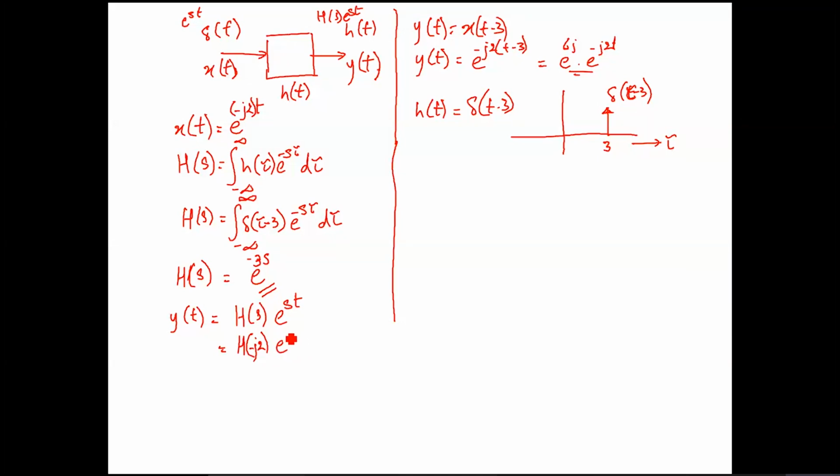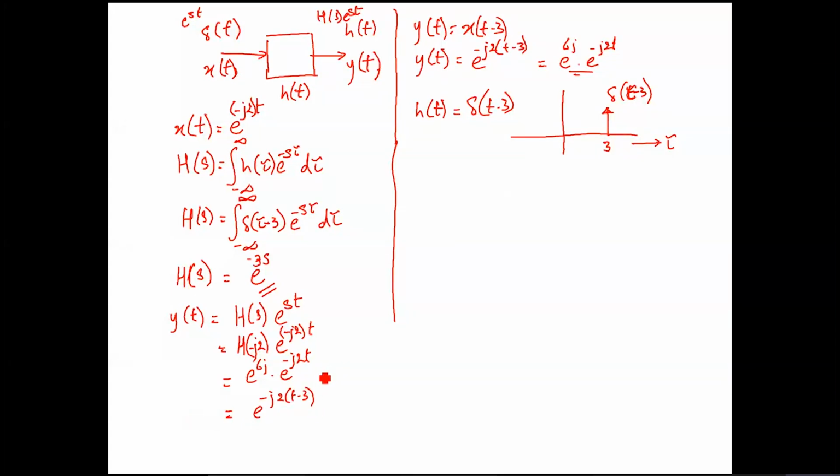So e raised to power of minus j2 times t. So h of s is h of minus j2. Replace s with minus j2, and we end up getting e raised to power of minus 3 into minus j2, which makes it plus 6j, into e raised to power of minus j2t. We can also combine it together and write it as e raised to power of minus j2 times t minus 3. It's up to us how we write it.